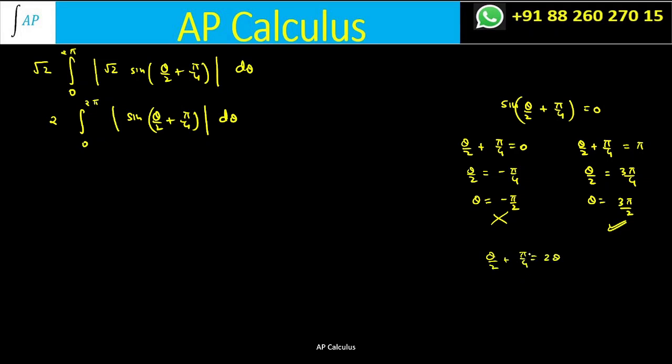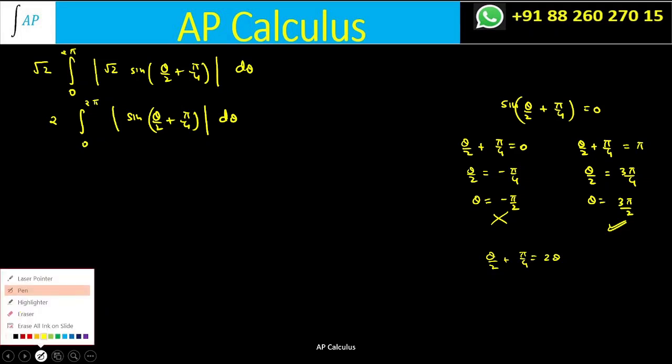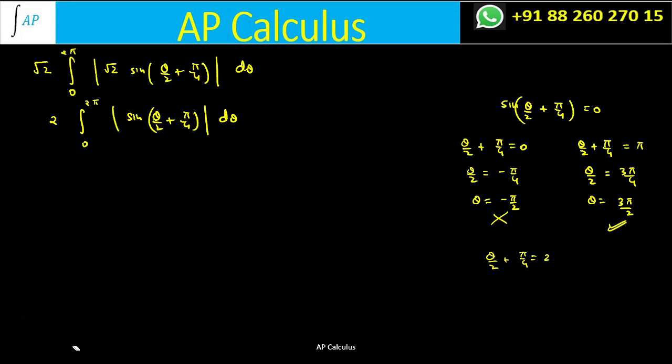This is equal to 2 pi. So let's see what is happening at 2 pi. Theta by 2 will be equal to 2 pi minus pi by 4. So this will be 8 minus 1, 7 pi by 4, or theta will be equal to 7 pi by 2. 7 pi by 2 is more than 2 pi, so we'll reject this one. And also if you take a higher value, theta will be higher than 2 pi. So this is the only theta value which we are getting.